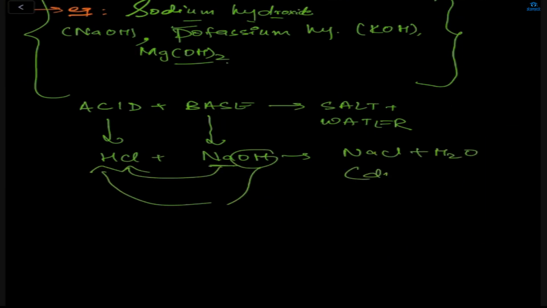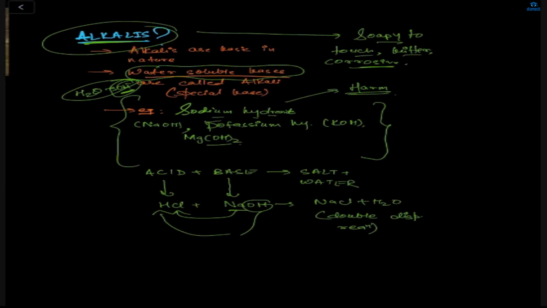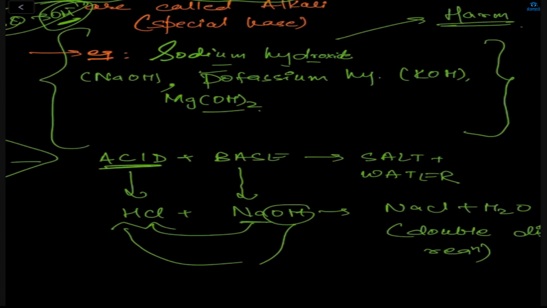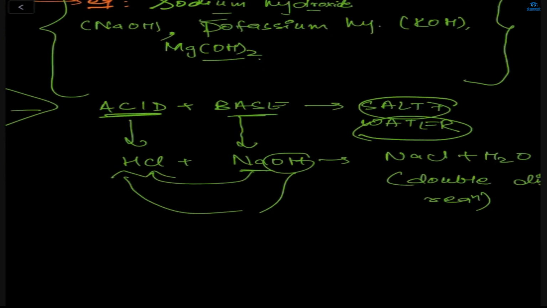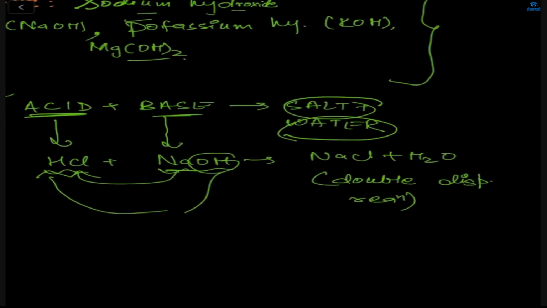This is a kind of double displacement reaction. If we add acid and base, we get salt and water. Here, adding hydrochloric acid and sodium hydroxide gives salt as NaCl and water as H2O. Okay, Shazan?